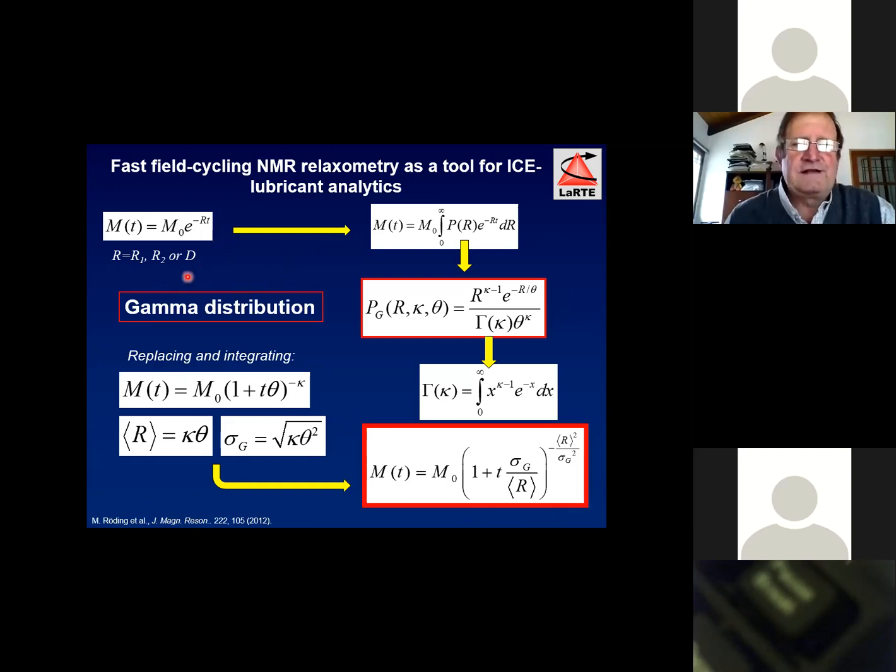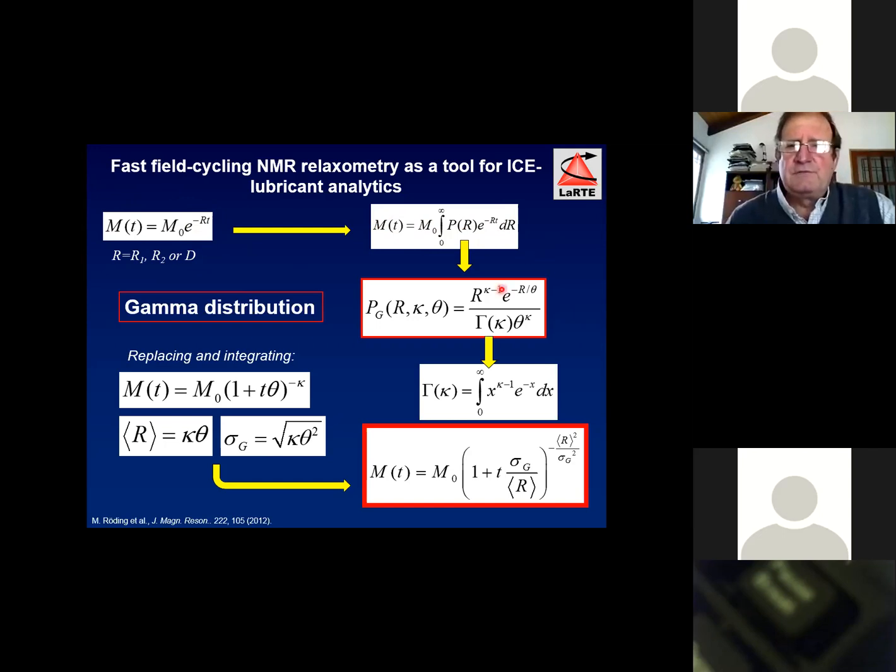So this R here may be a relaxation rate or a diffusion constant. But the point here is that we had to move from this mono-exponential decay to this, that is a distribution of relaxation rates, decays or growth, depending on what you measure. Of course, this can be adapted for any kind of exponential formula.